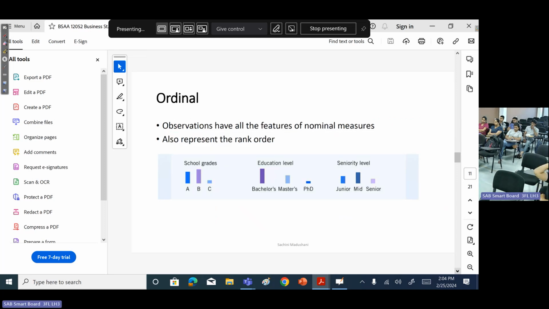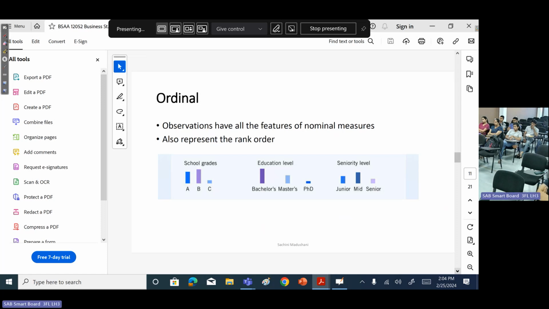Then we move to the second one, ordinal. Ordinal scale measurements can be ordered; they can be arranged.